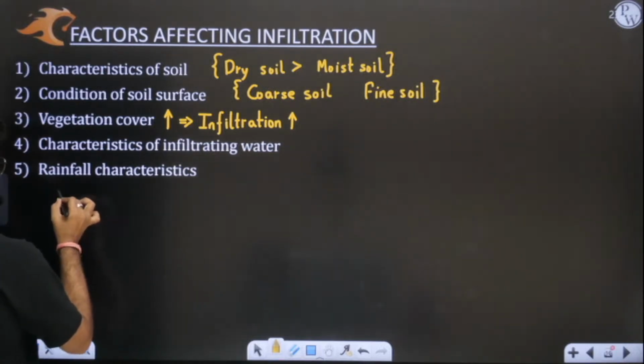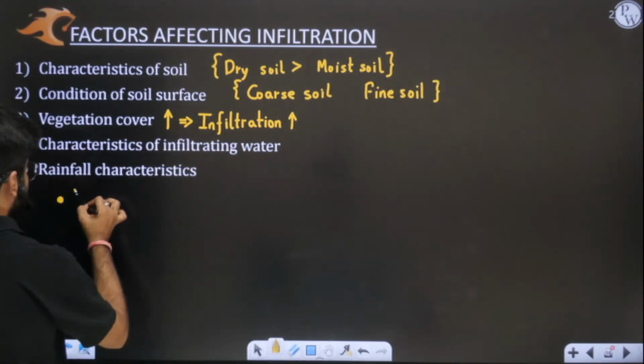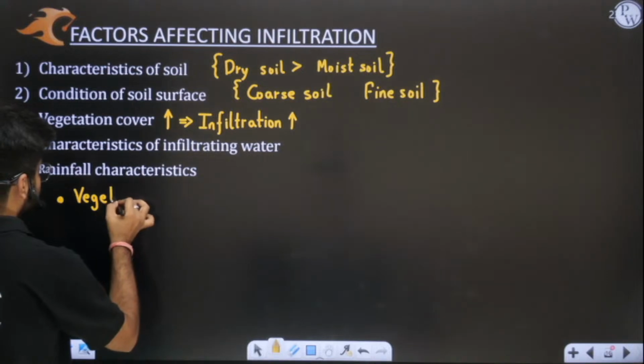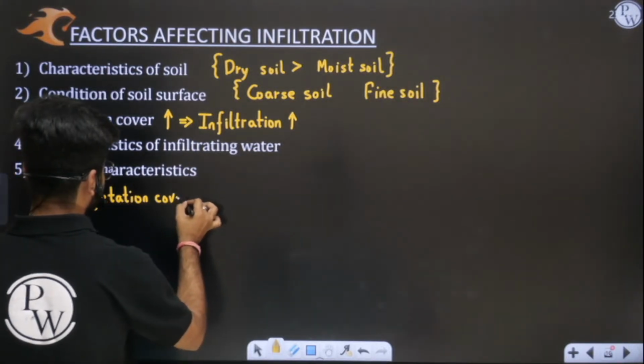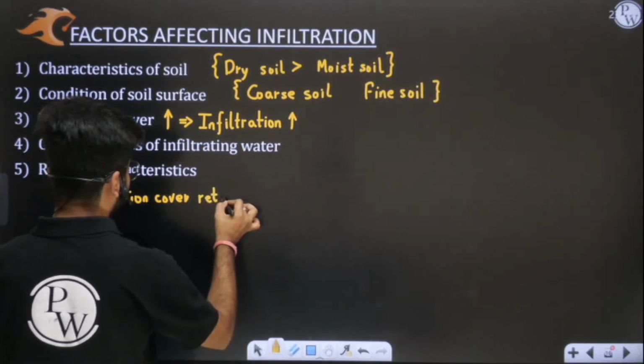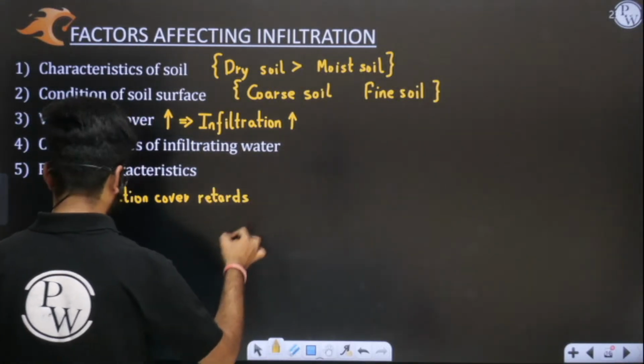The very first point is, let me write down this point quickly: vegetation cover retards runoff. It slows down water.